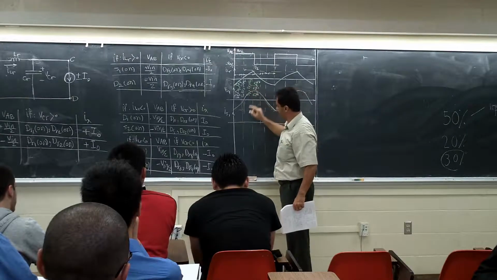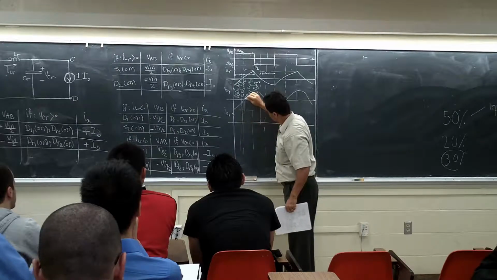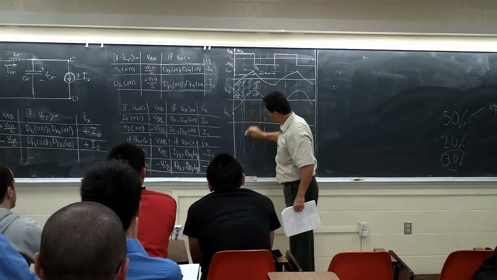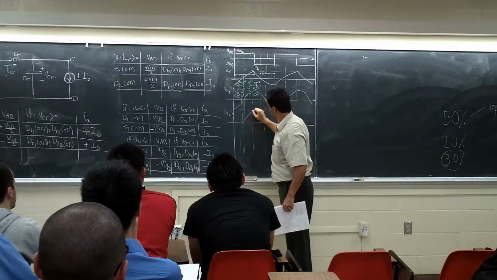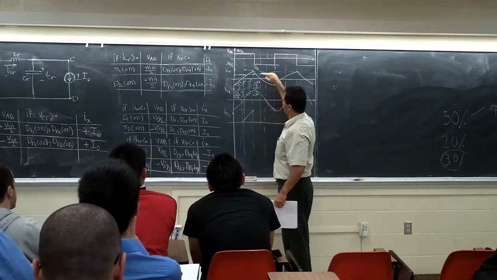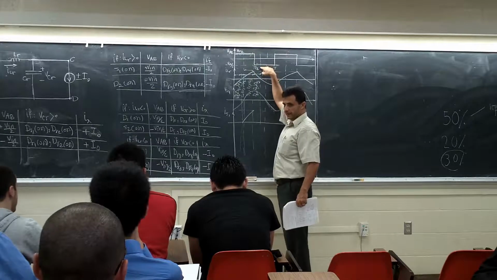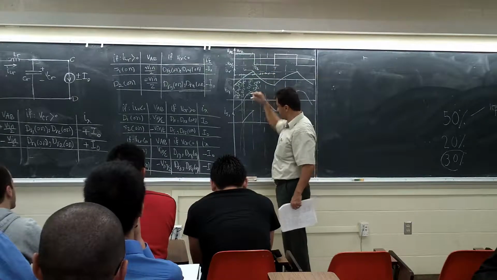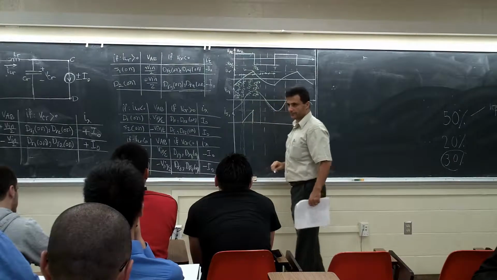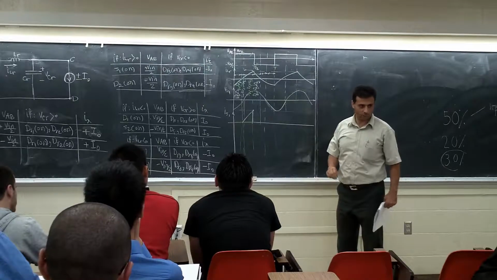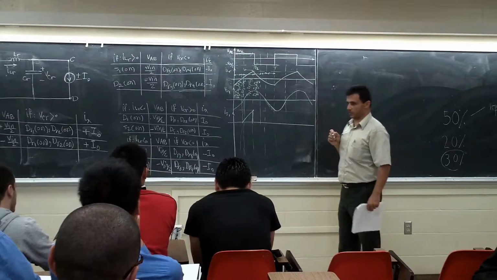Till here, it's going to be like this. So it's going to go up to here. Here the current was positive, but the voltage is negative, so we switch to the D2, right? The current for S1 is going to be like this. Right?